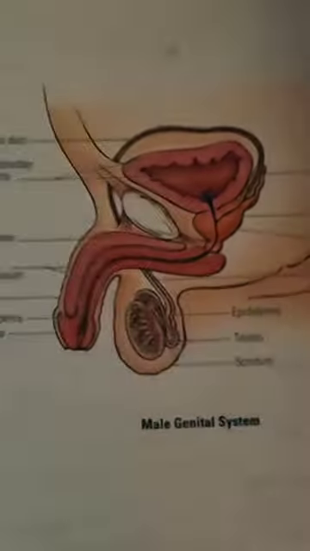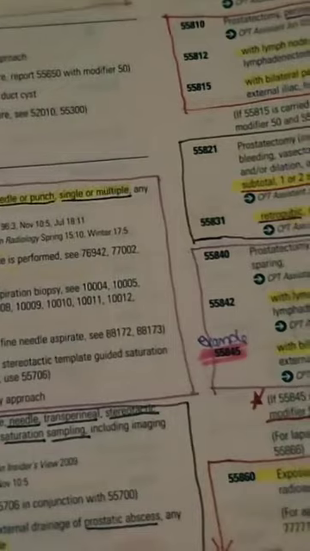55875 is what? 55875 right here. And then the other one was 76, which was right up underneath here, which is also one of the ones that was on my CPC exam.